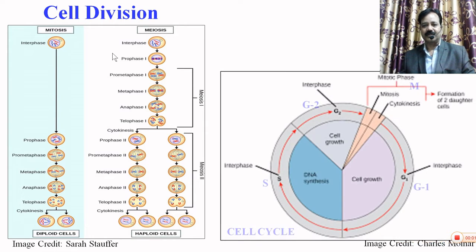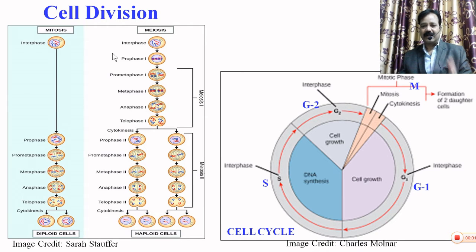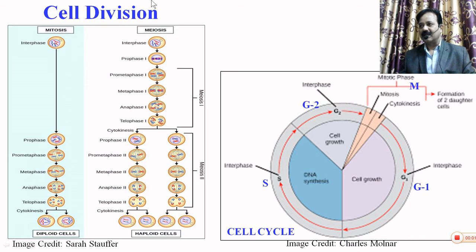Before entering into mitosis, the cell enters into the cell cycle. What is cell cycle? A series of changes or sequential events occurring in the life of a dividing cell is called the cell cycle.